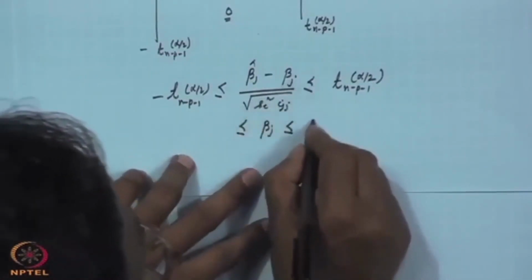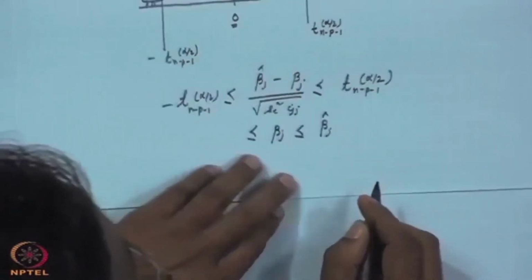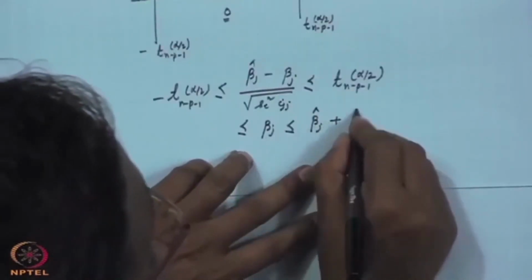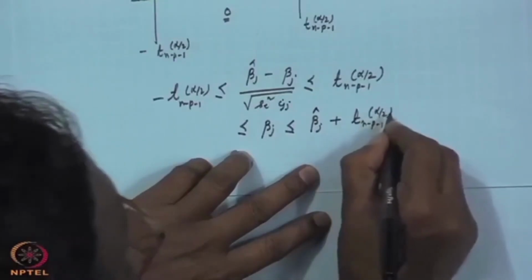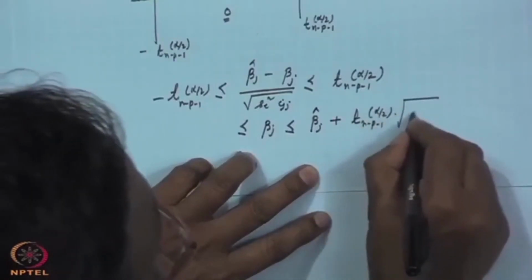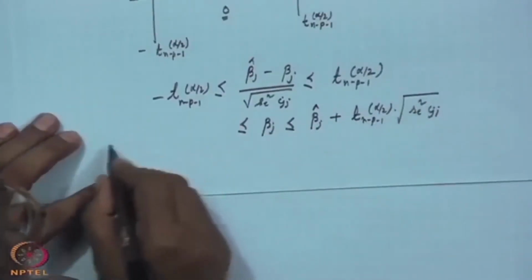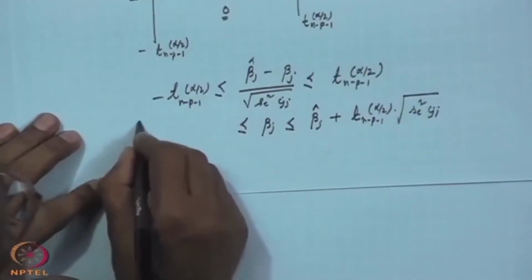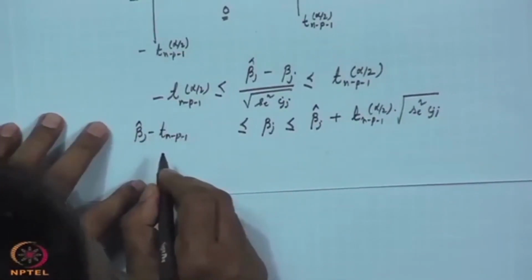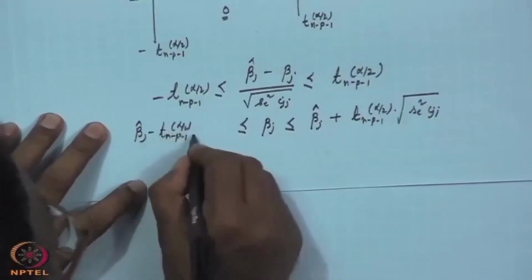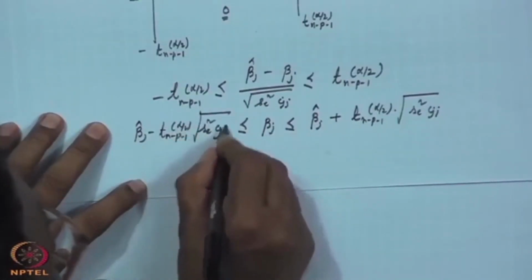This quantity will come here as beta j cap plus t n minus p minus 1 alpha by 2 into root over s square C j j, and this side it will be beta j cap minus t n minus p minus 1 alpha by 2 root over s square C j j.